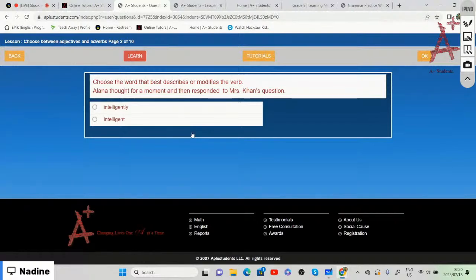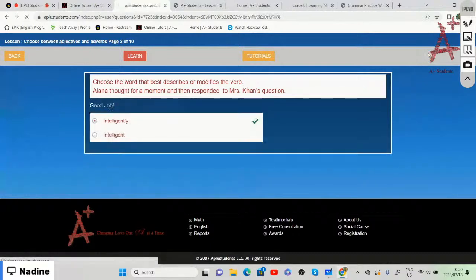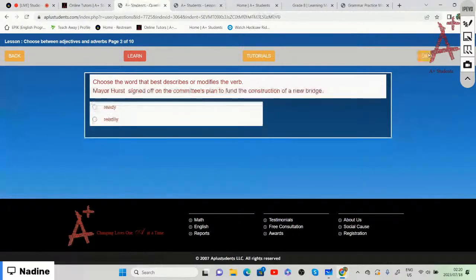Intelligently depends on a response or how people describe you to be. So Elena thought for a moment and then she responded. We will then say responded intelligently, because it describes the word responded, which is a verb.